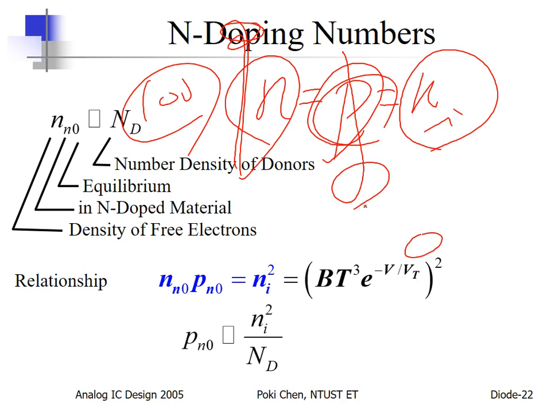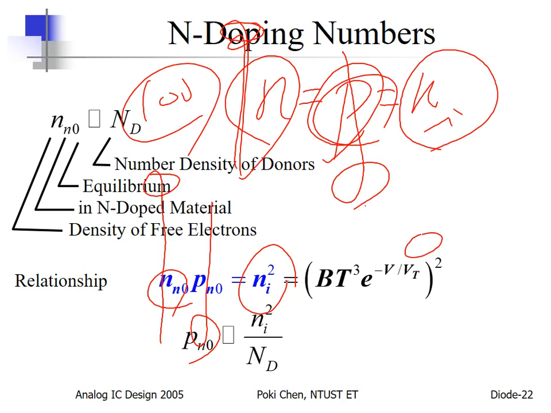Exactly. Bingo. So after doping, the electron density is substantially increased and the hole density is substantially decreased. Overall, the product is still the same. From the very beginning, in the intrinsic case, they are the same.